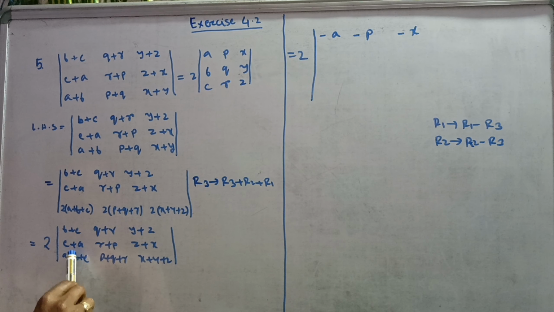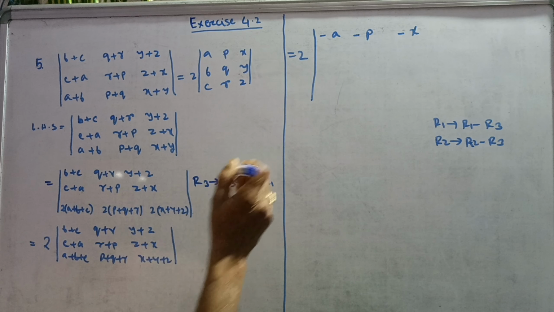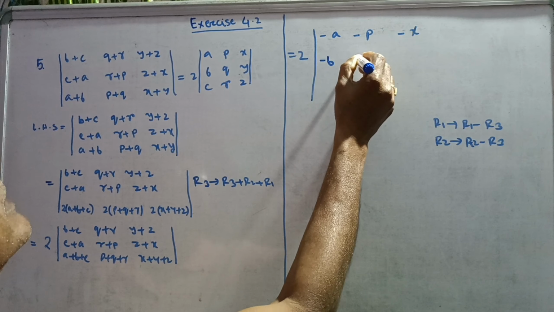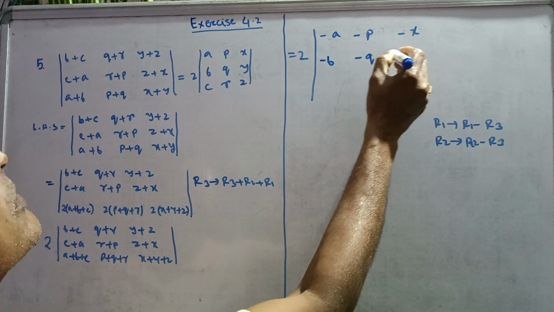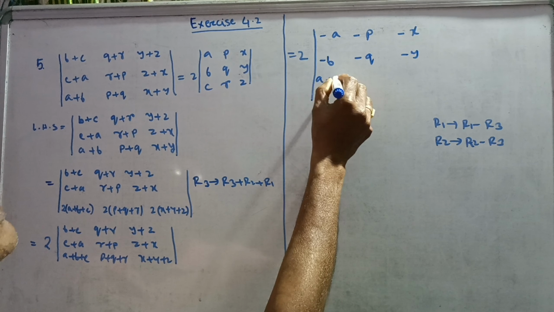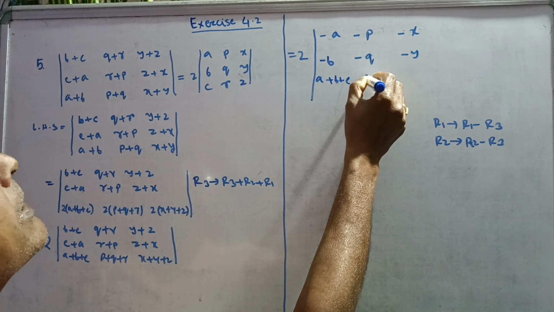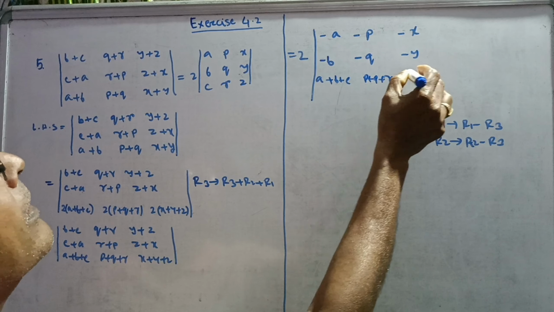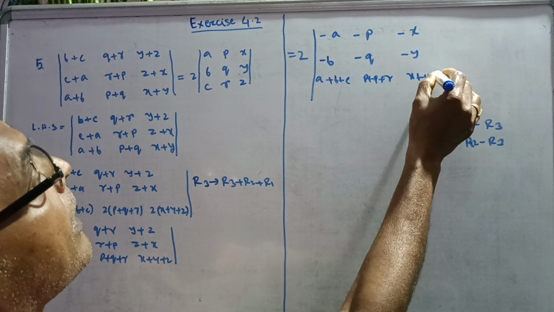That means C and A cancel, so it becomes minus B, here minus Q, here minus Y. And here we get A plus B plus C, P plus Q plus R, X plus Y plus Z.